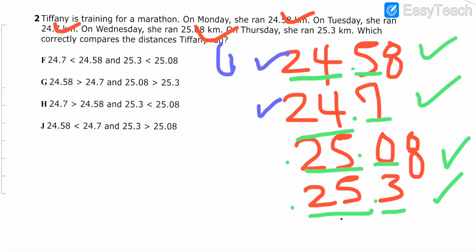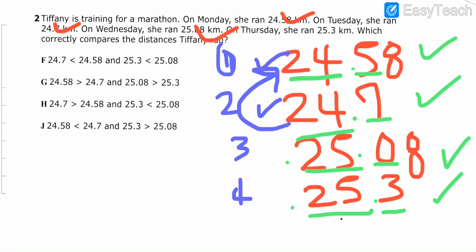This is the smallest in this order, 3 and 4. Is 24.7 smaller than 24 and 58 hundredths? The answer to that is absolutely not, because it's second in the list. So it's no reason to finish reading the rest of that statement because it's incorrect.